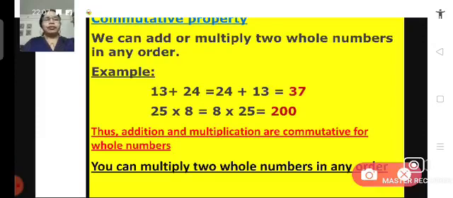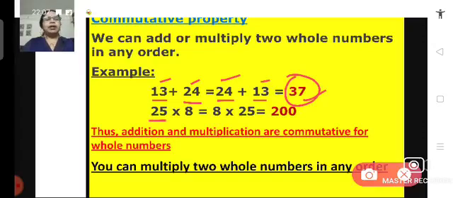It does not affect the result. For example, if we want to add 13 and 24, and if we change the order of the numbers while adding them, still the result remains 37. That means 13 plus 24 is equal to 37. Similarly, 24 plus 13 is also 37.